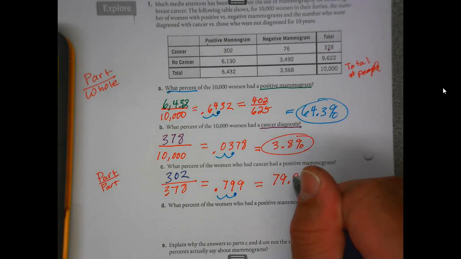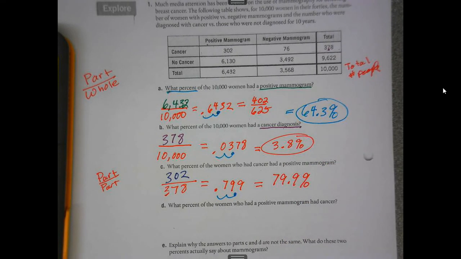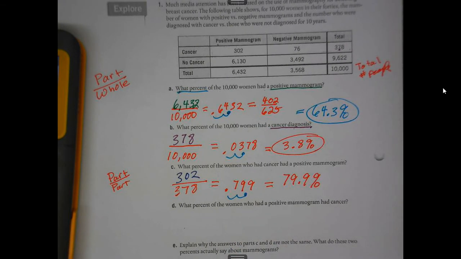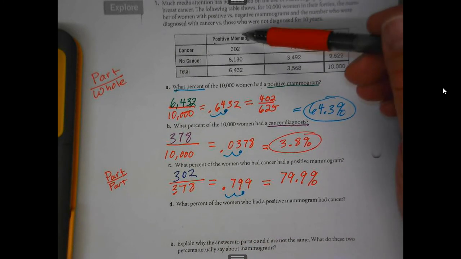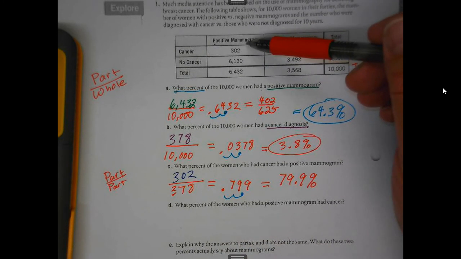Okay. D, what percent of women who had a positive mammogram actually had cancer? So I'm going to look at positive mammograms. My positive mammograms total is 6432.